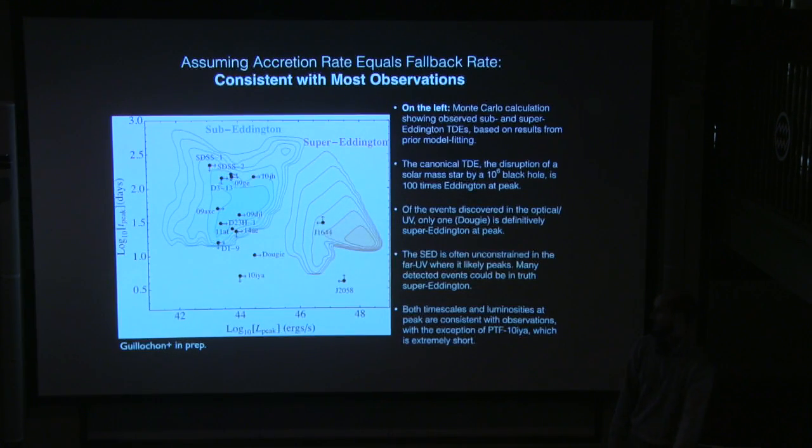And if we just make that simple assumption that the fallback rate equals the accretion rate, and we put the various thermal flares that have been observed thus far, in addition to the jetted events that have been observed, and then we just draw random events, and we ask which ones are peaking below and above the Eddington limit, we find that things are actually matching pretty well. The events lie very nicely on the expected distributions.